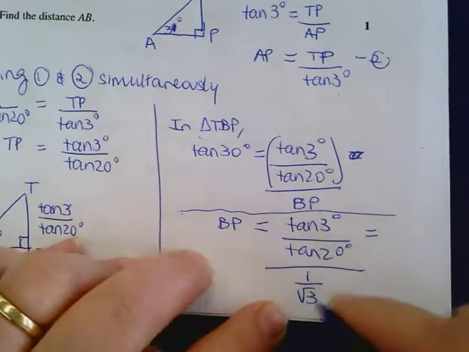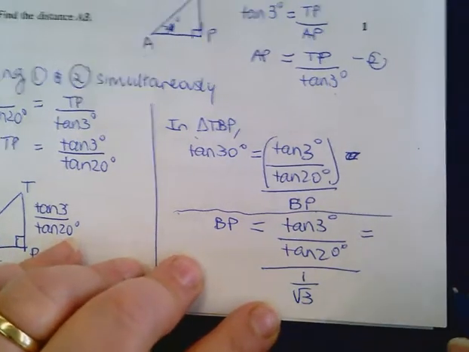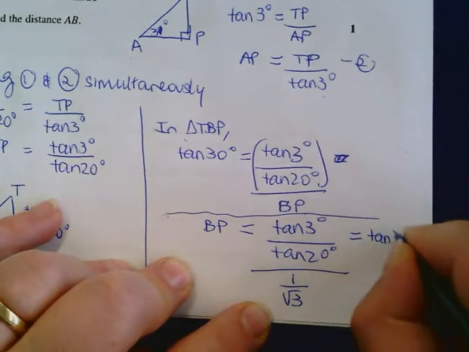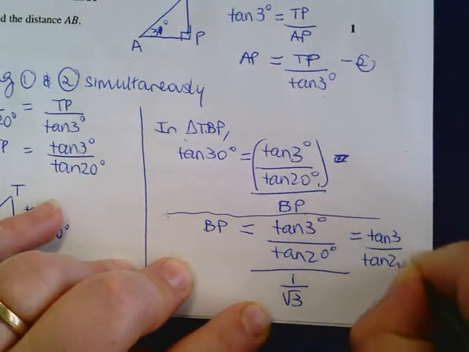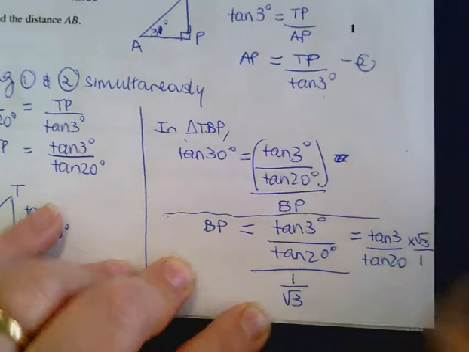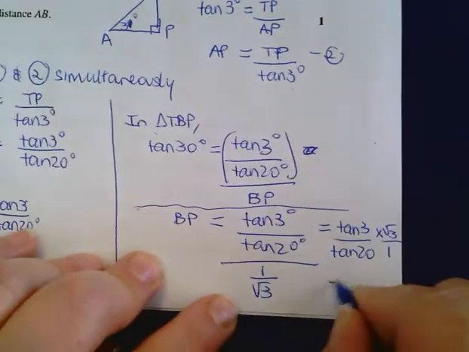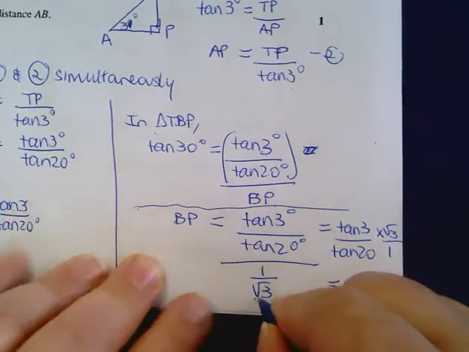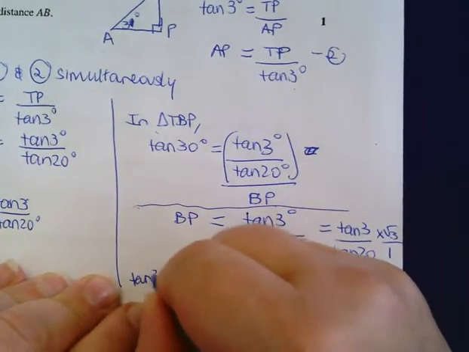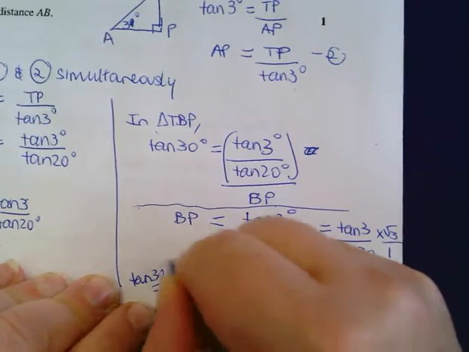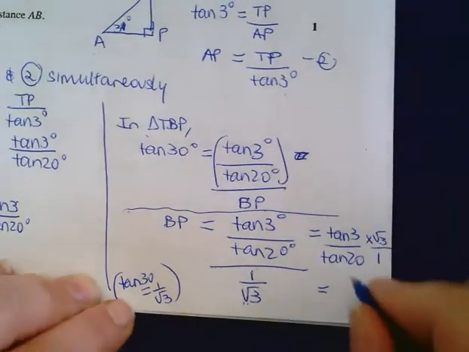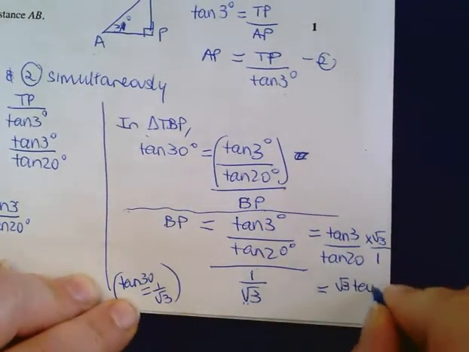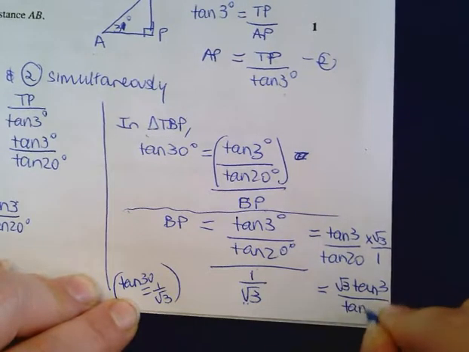Dividing by 1 on root 3, isn't that multiplying by root 3 on 1? So that is tan 3 over tan of 20 times root 3 over 1. Tan 30 is 1 on root 3, and so therefore you've got your answer, root 3 tan 3 over tan 20.